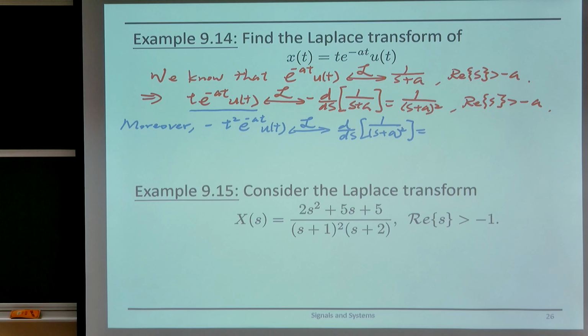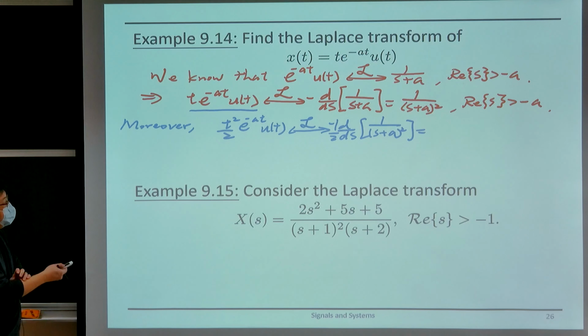Now, let me move this minus sign to the other side, and let me divide both sides by 2. So if I do that, then I get minus 1 over 2, and I get t squared over 2 here.